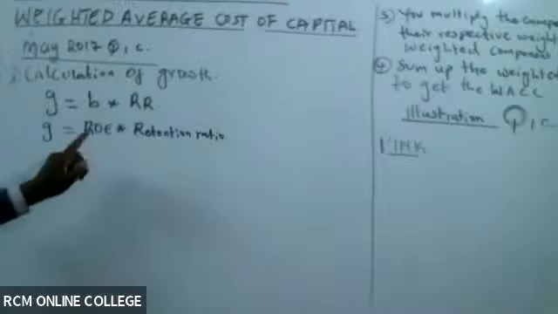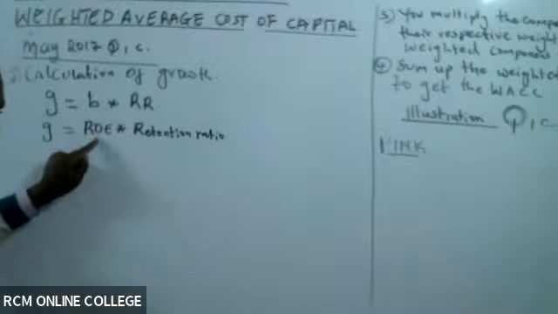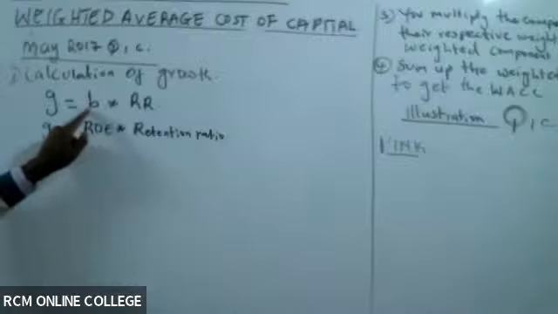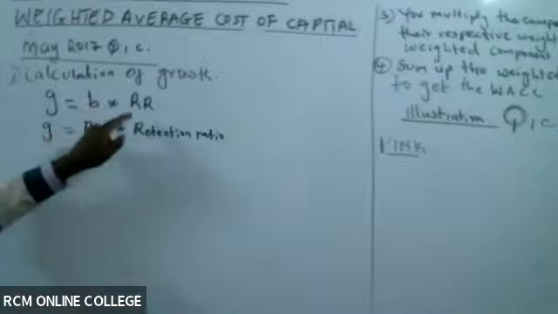Sasa, we have here ROI is our B. RR is our retention ratio.